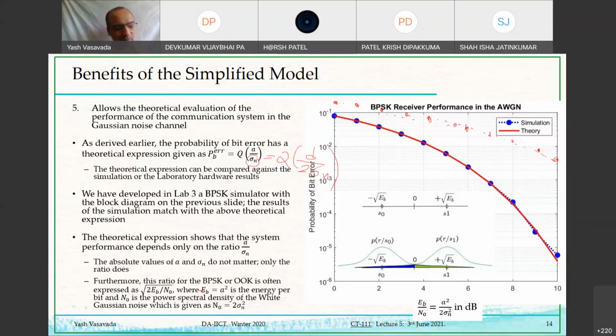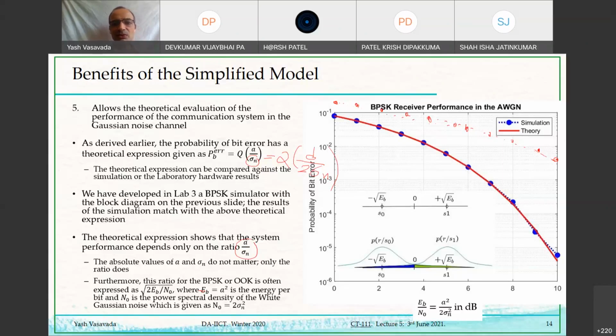Now, coming back to our subject topic, the actual concept behind this type of performance evaluation studies. One thing that you will notice is that based on this theoretical expression, the performance depends only on the ratio A divided by sigma n. This we have, I think, talked about repeatedly. The absolute value of the received signal doesn't matter.